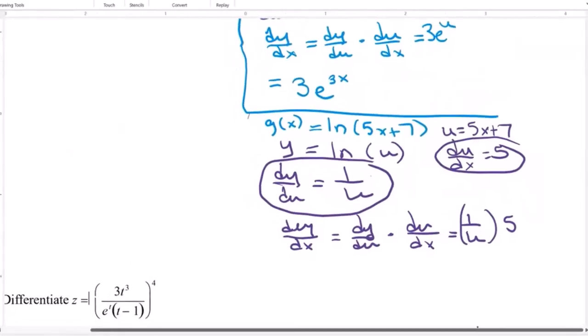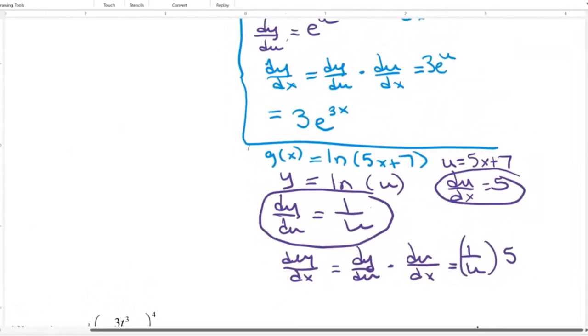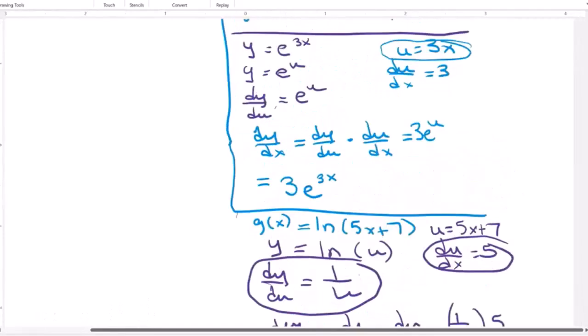So let's continue. And I get that this dy dx is actually the derivative of g of x dx, which is equal to dy du, which is 1 over u, and u is 5x plus 7. I substituted that, times 5. And now I have my g prime, which is 5 over 5x plus 7.